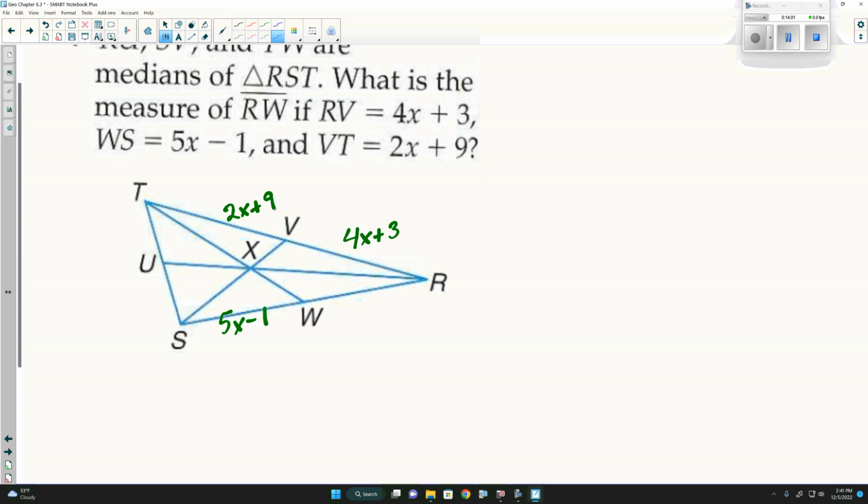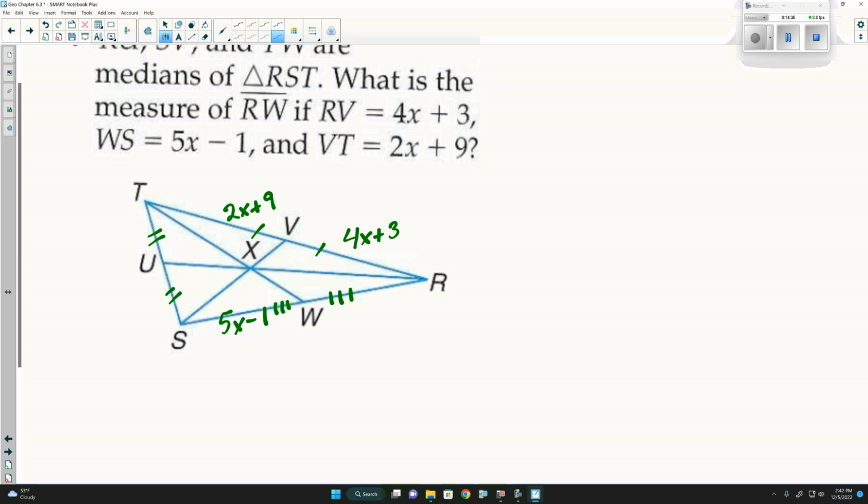Well, we know V is a midpoint, yes, guys? So V is a midpoint, so it's going to bisect that side in half. U is a midpoint, so it's going to bisect its side. And W is a midpoint, so it's going to bisect its side. Do we know that TS, TR, and SR are congruent to each other? Do we know the 3 sides of the triangle are the same? No. But we do know that V, U, and W are midpoints.